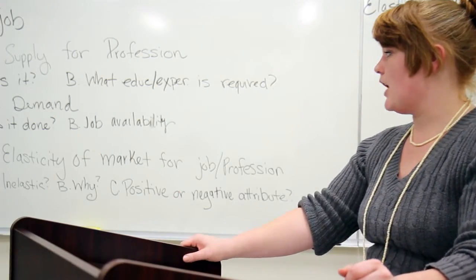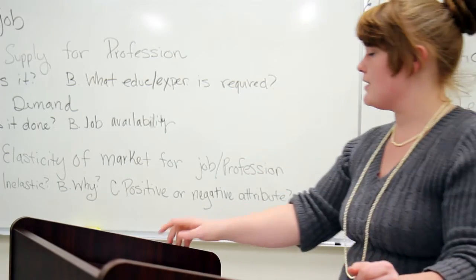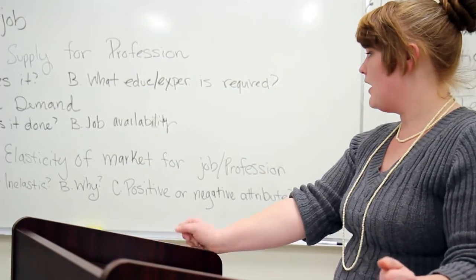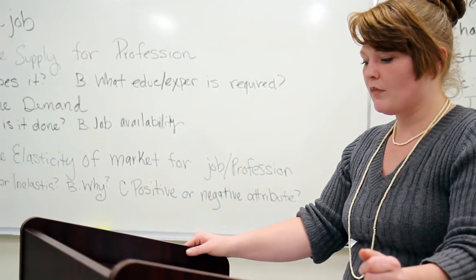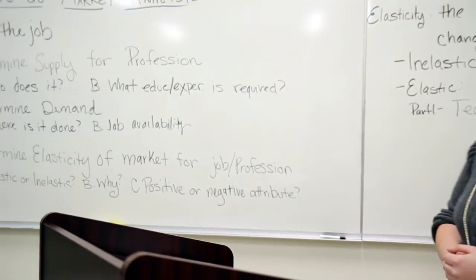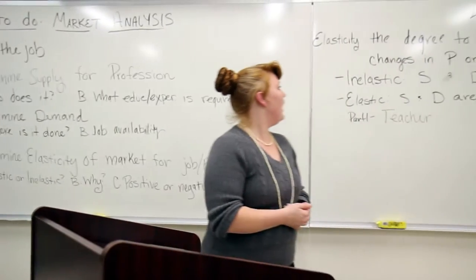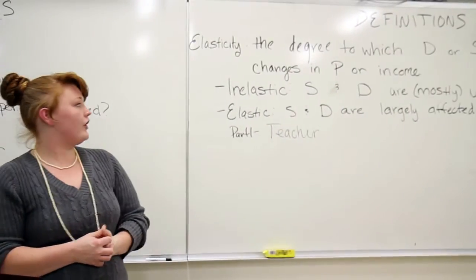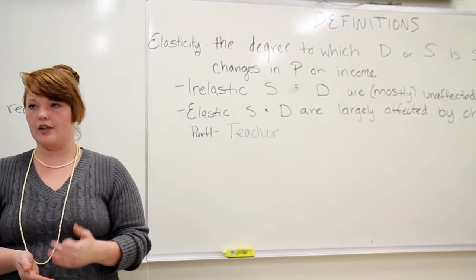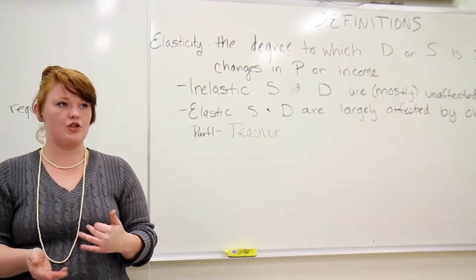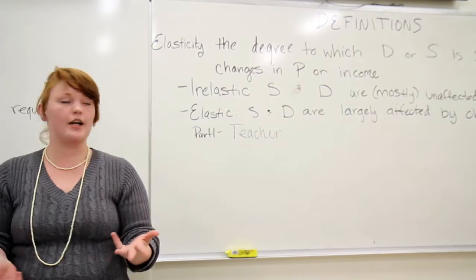The fourth thing we have to talk about when we are doing a market analysis is determining the elasticity of the market for a certain job, which for us again is teaching. So for that, we're going to review some definitions here. We said a few weeks ago that elasticity is the degree to which demand and supply are affected by changes in price or wages, which in this case would refer to income.